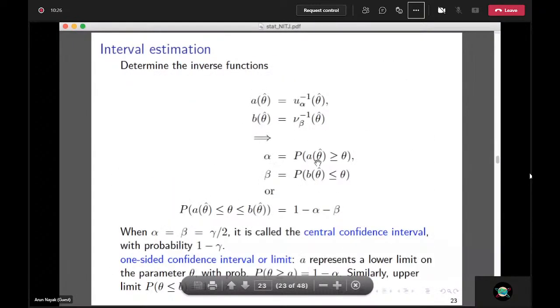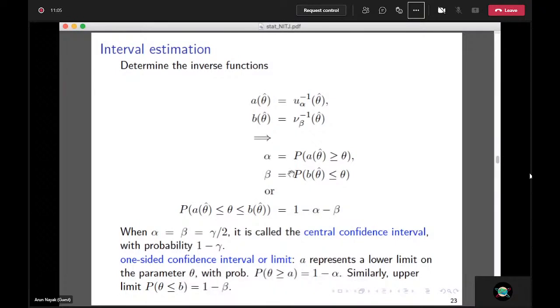Alpha is the probability that A, which is a function of theta hat, is greater than or equal to theta, and beta is the probability that B, which is again a function of theta hat, is less than or equal to theta. The probability of theta being within A and B is 1 minus alpha minus beta. And when alpha and beta are the same, say gamma by 2, such confidence intervals are called central confidence intervals.